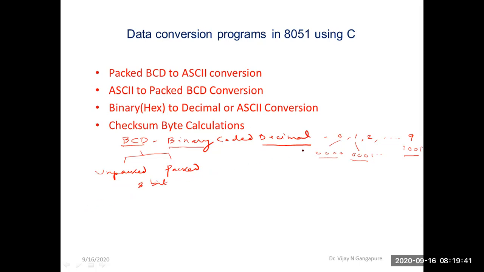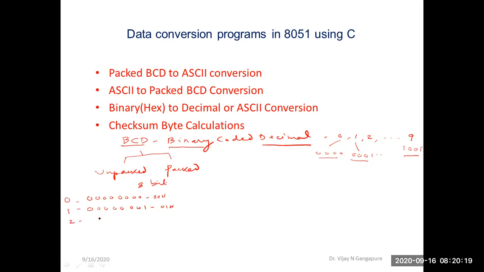To represent 0, I use 8 bits: 0 0 0 0 0 0 0 0, which in hex is 00H. Similarly, BCD number 1 is 0 0 0 0 0 0 0 1, in hex 01H. So this is BCD number 0, this is BCD number 1.